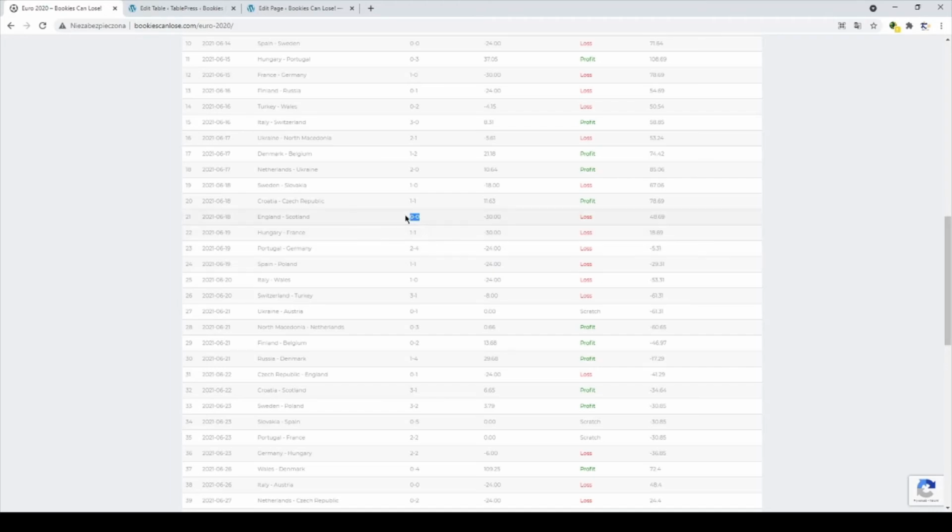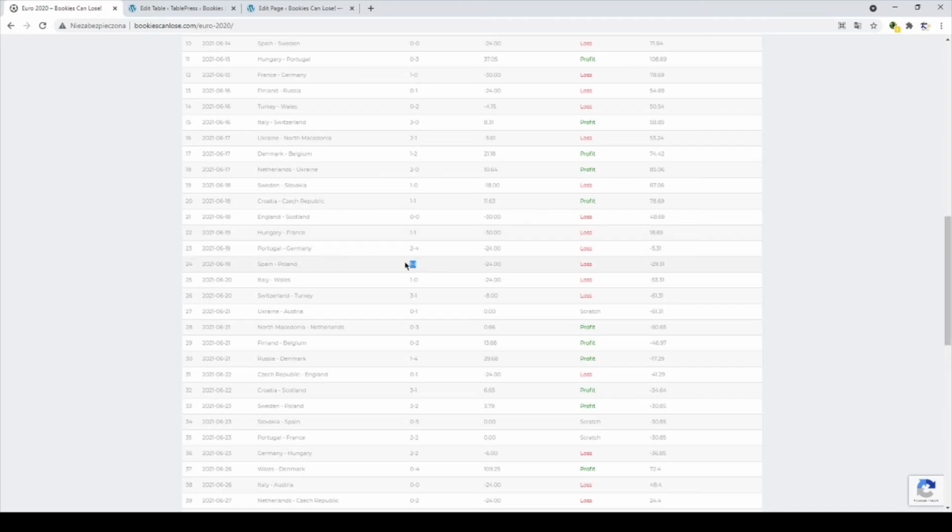0-0 is always difficult to work with, so that's understandable. Hungary-France, France not winning, was also a surprise. Portugal-Germany, I shouldn't have failed here, really. I remember the game. The goals were flying, too many goals scored too quickly. I missed some of the lays, so this loss could have been reduced easily.